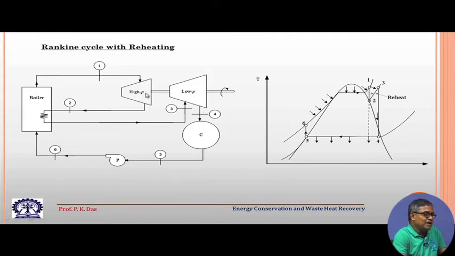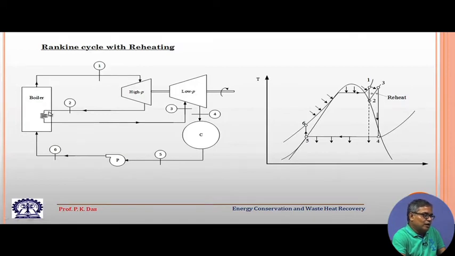As the pressure is high, we differentiate this turbine as high pressure turbine, and in the turbine the steam will expand, and low pressure low temperature steam we will get out of the turbine. We are not sending it back to the condenser, rather we are sending it back at state 2 to the boiler, and in the boiler again it is being heated.